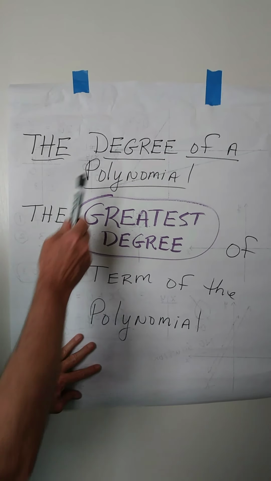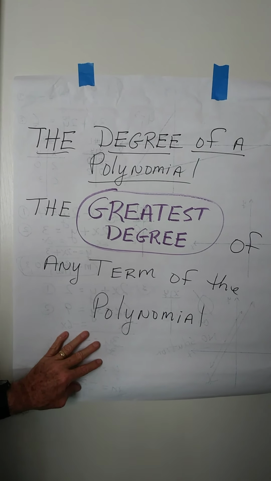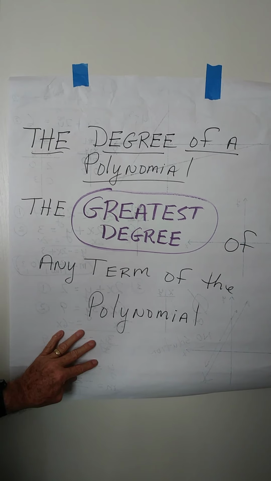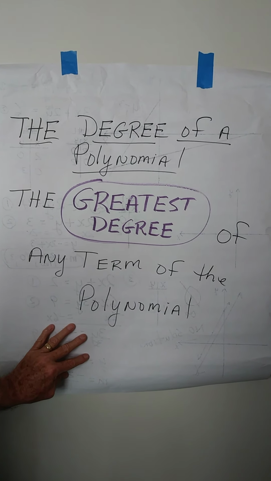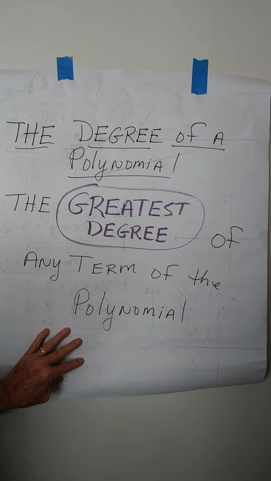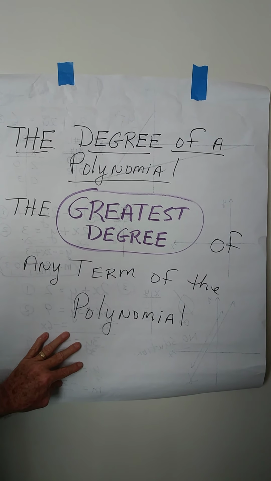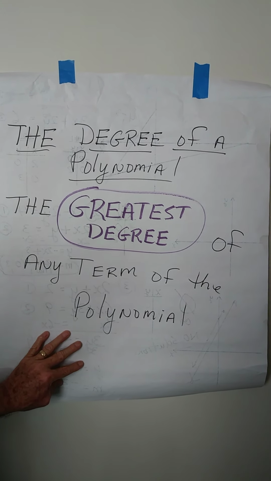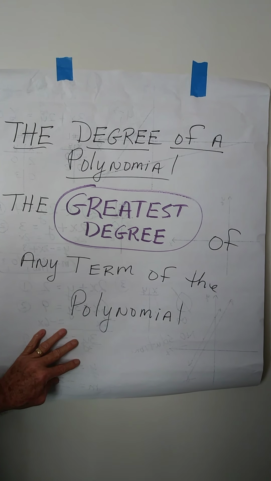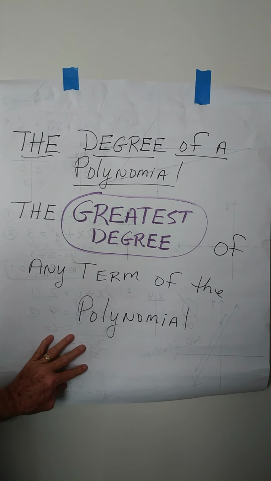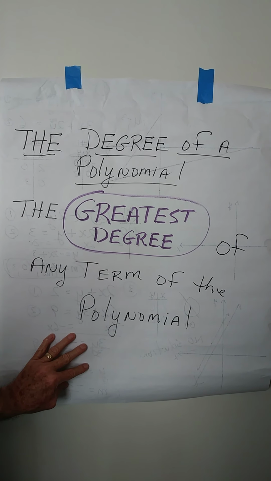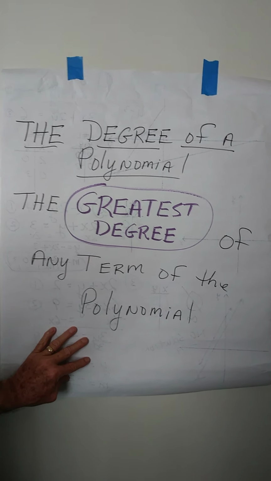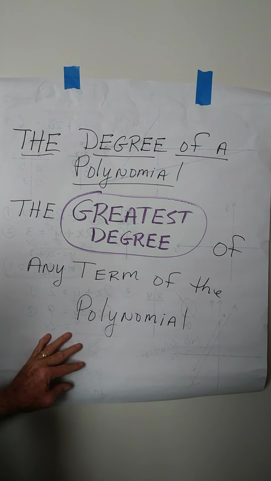Polynomials have degree as well. We just spoke about the degree of a monomial. We said that the degree of a monomial was taking the exponents on the variables only and adding them up. And whatever that total number was, that was the degree of the monomial.